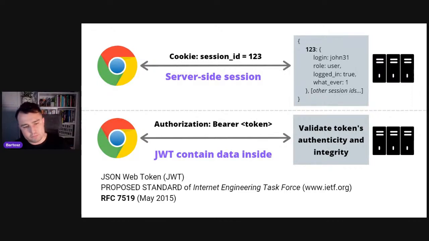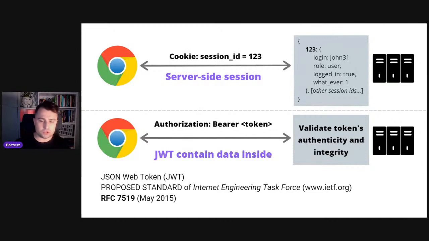But on the other hand, there is another approach when we want to have it in a stateless fashion. What does it mean in a stateless fashion? There is a very common approach, standardized as JSON Web Token, which is a proposed standard of the Internet Engineering Task Force, and it's fairly fresh because it was standardized in May 2015 under RFC 7519.